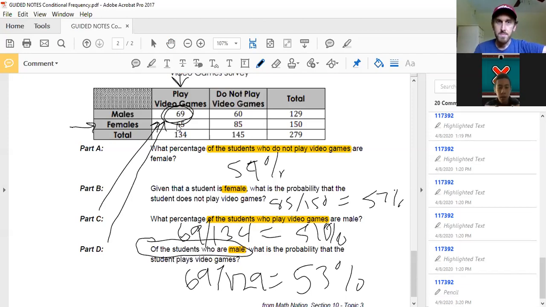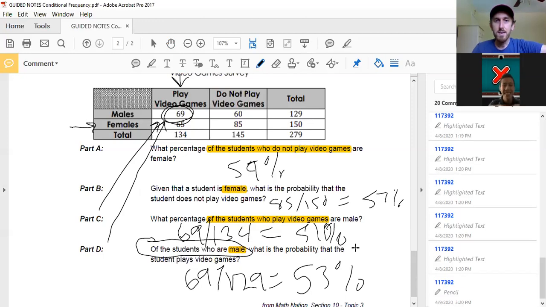So I could argue, well, this group of males only represents 51% of our group, and you could argue with me and say, no, it's 53%. Just like 7th period would do.